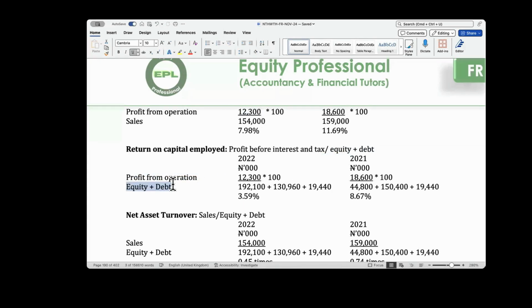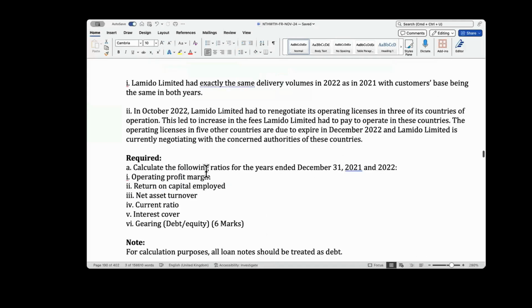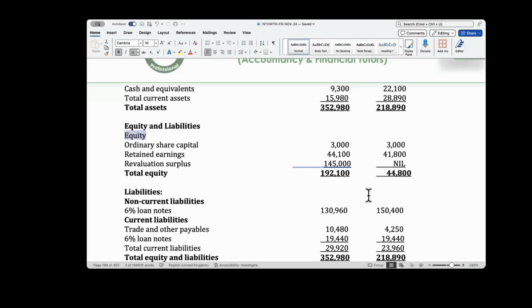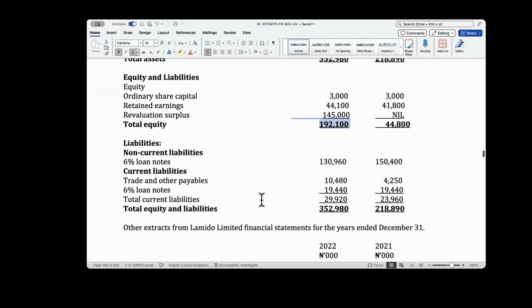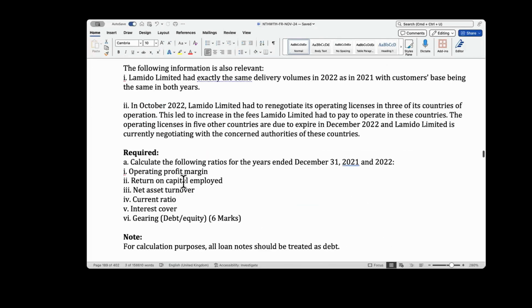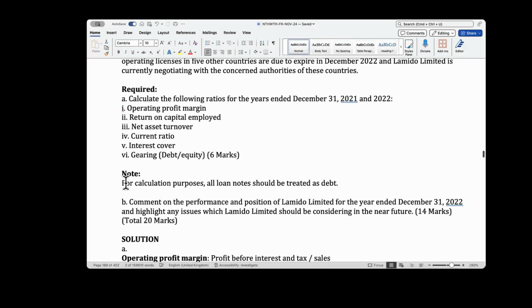Then my equity and debt. This is my equity and these are my debts, right? In my statement of financial position, here is my equity, and my debt is this one and this one, even though there's current and non-current. You see, the examiner gave us a note. They know what they are doing. They said for calculation purposes, all loan notes should be treated as debt.